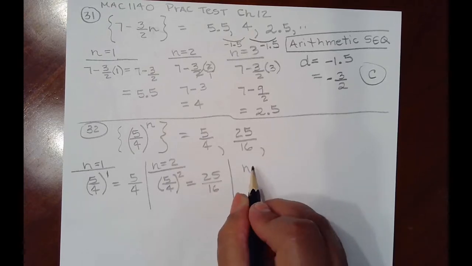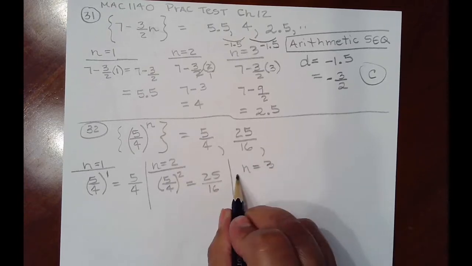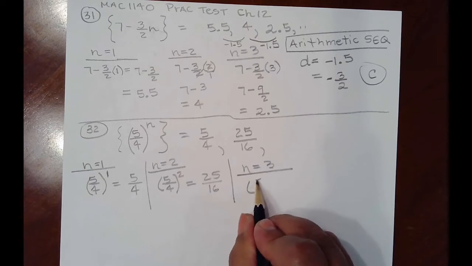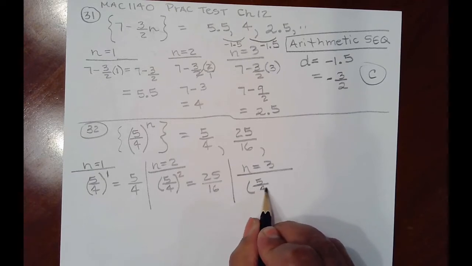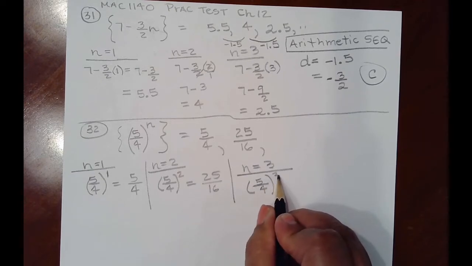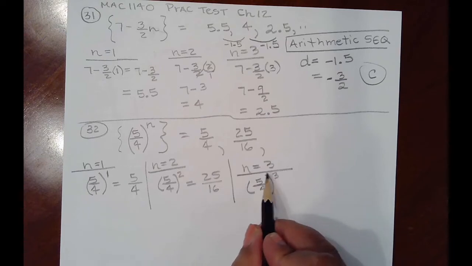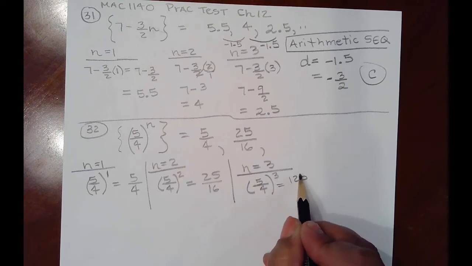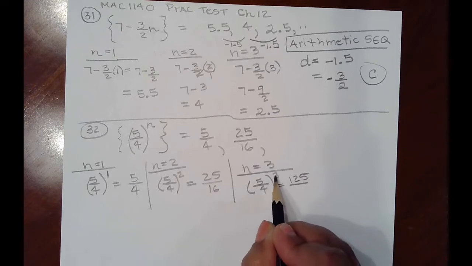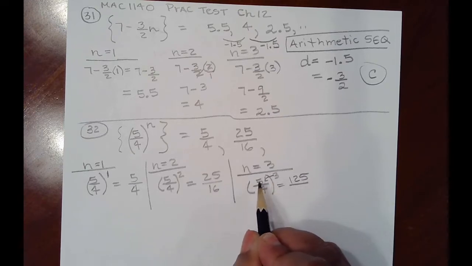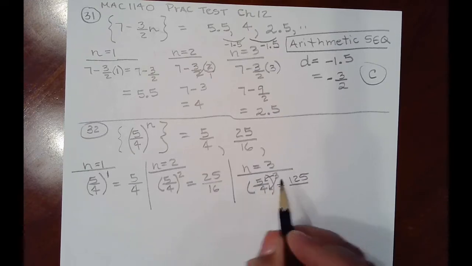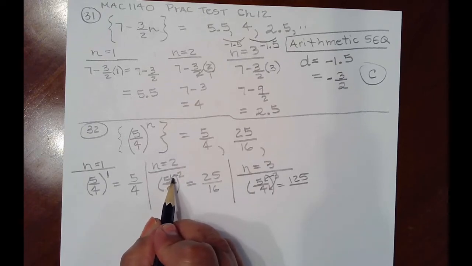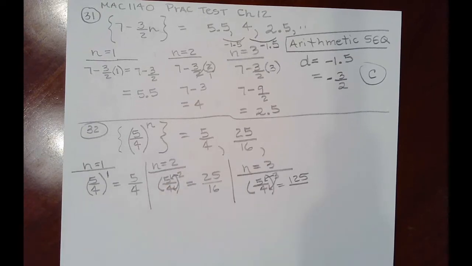Okay, if you allow n to be equal to 3, then it's 5/4 raised to a power of 3. That would be the same thing as 5 cubed, and you can put that in your calculator. 5 cubed on the top and 4 cubed. This power belongs to the top as well as the bottom, just like this power belongs to the top as well as the bottom.